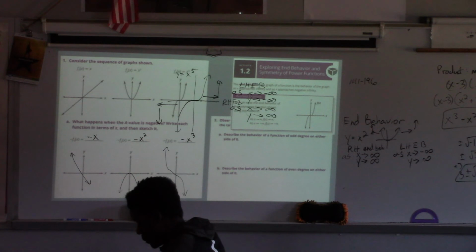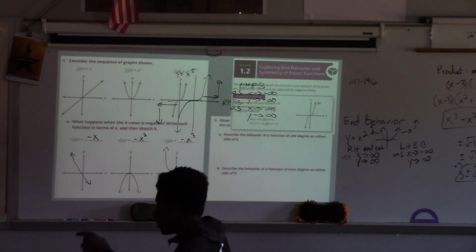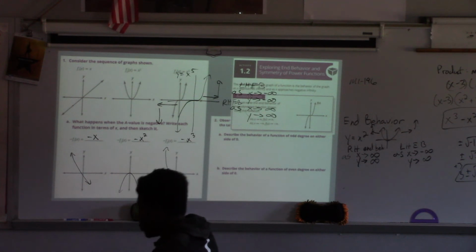Think about these numbers: negative 1, negative 2, negative 3. So as x goes towards negative infinity, what's my y going towards? To the left, it's going up. So the y goes towards positive infinity.